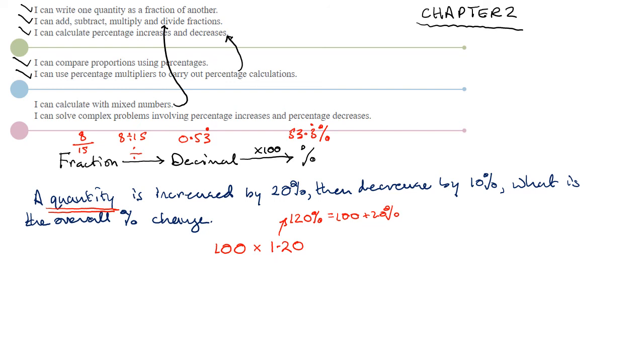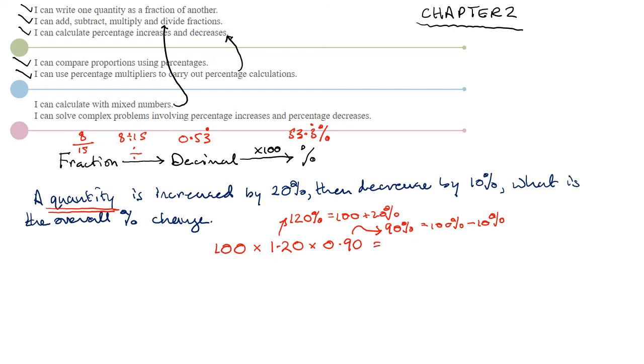Then a decrease of 10%. That would mean multiplying by 0.9 or 0.90, because that's 90%, and that's the same as 100% minus 10%, a 10% decrease. And let's see what we end up with.